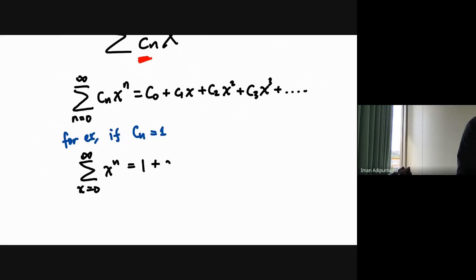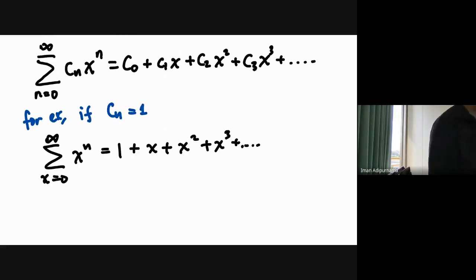It's 1 plus x plus x squared plus x cubed and so on. And we know that this is the geometric series, where r is equal to x, right?